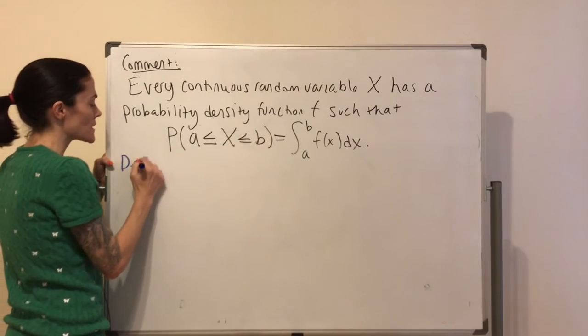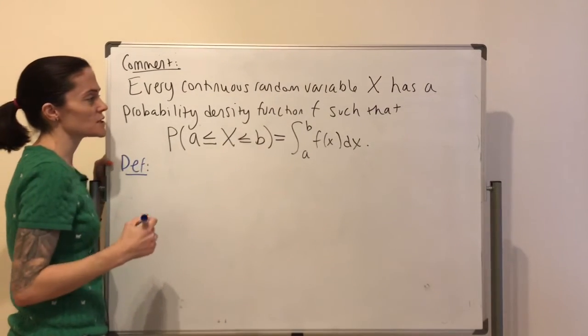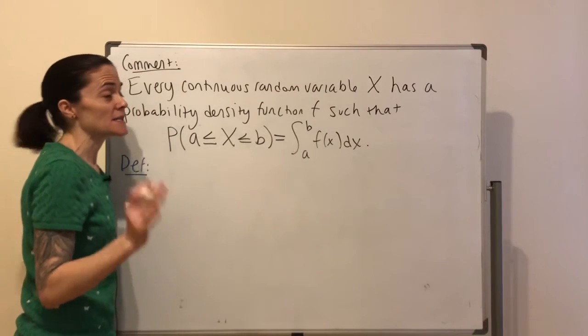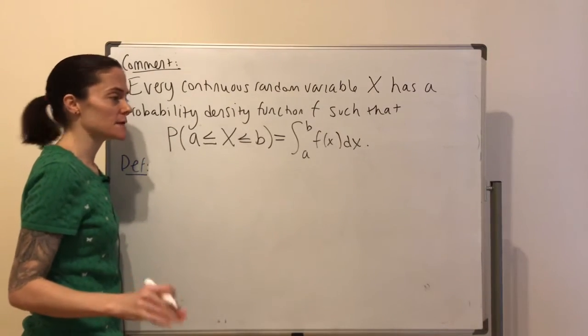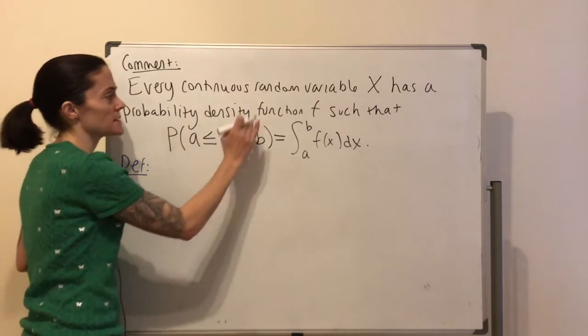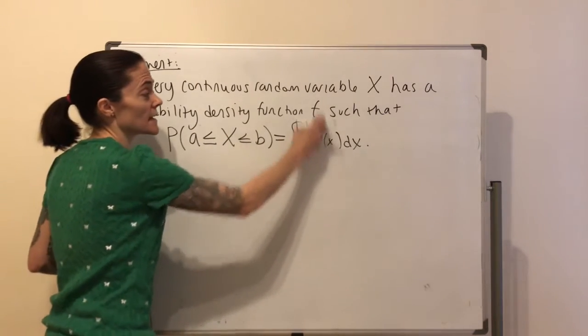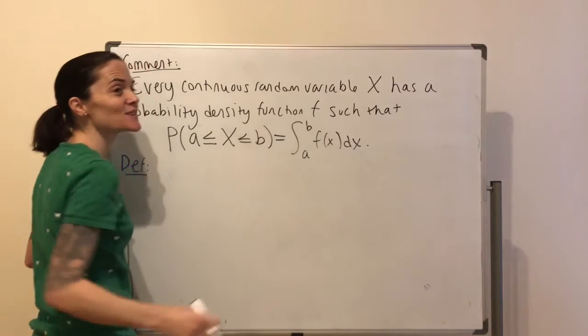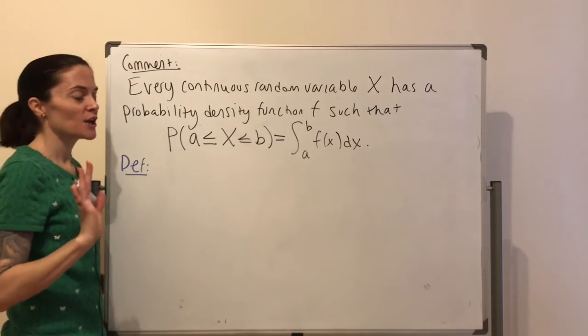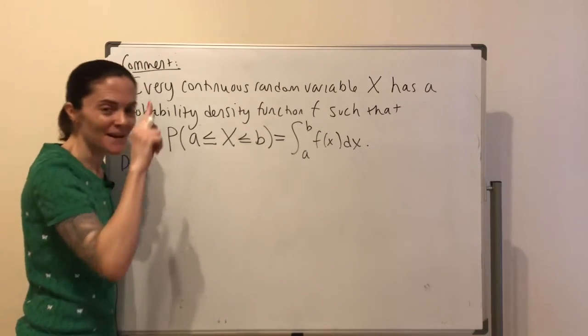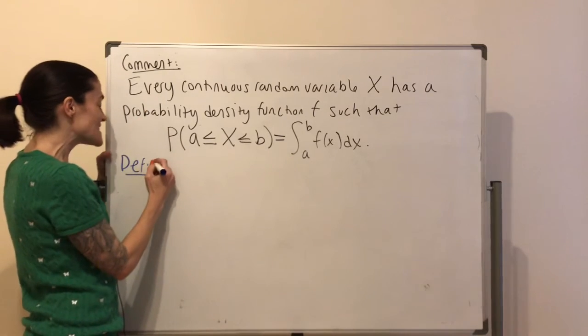So we can start the other way, and we can just take any function. As long as it satisfies a few properties, then it will be a probability density function, meaning that when you calculate integrals of it, definite integrals or improper integrals, you're calculating probabilities for some capital X. So this is the definition.